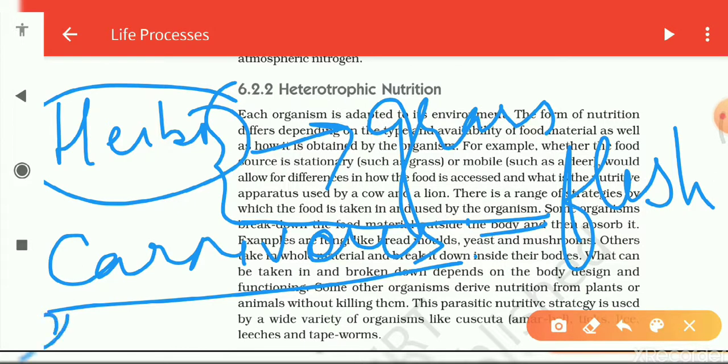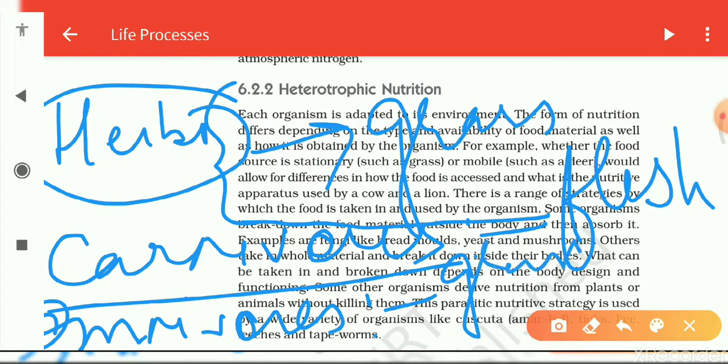And last one is omnivorous. Omnivorous are those organisms which can eat both, like grass and flesh both. Then on the basis of the food habits, organisms are divided into herbivorous, carnivorous and omnivorous. In this NCERT book it is not given clearly, but students, I will make it clear to you here.